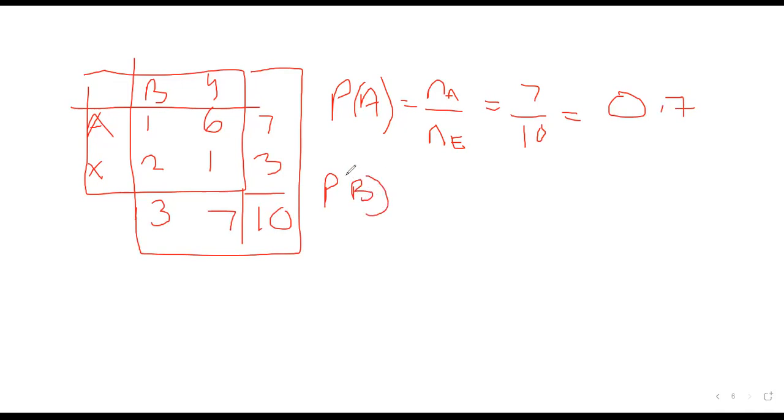What's the probability of B? We go to the total for B, we have a 3 over the total of totals, which is 10. Here we get 0.3. Can somebody tell me what is the probability of X?